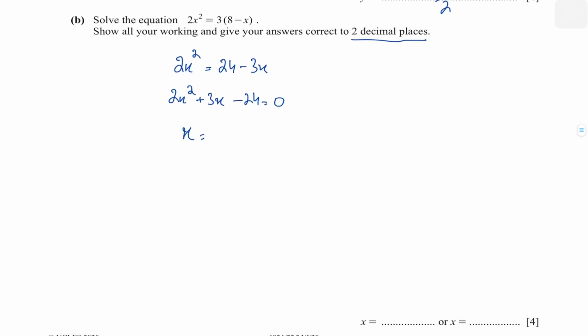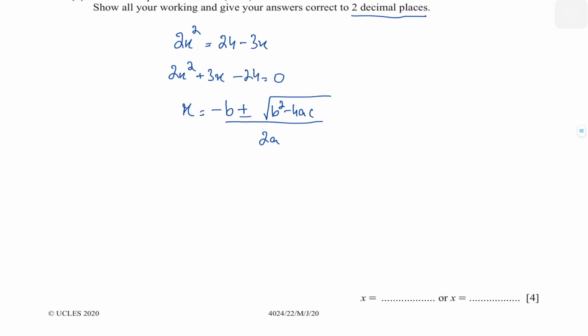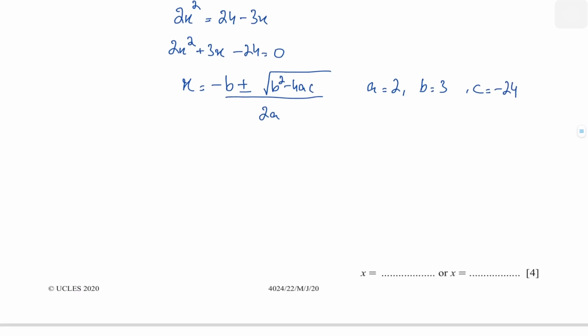So the quadratic formula is x equals minus b plus minus square root of b squared minus 4ac upon 2a. Alright, so a, as you can see, is equal to 2, b is equal to 3, and c is equal to minus 24. If you're using an advanced calculator, you can solve this in your calculator directly, but use that feature just to check your answer, and make sure that you show the working.